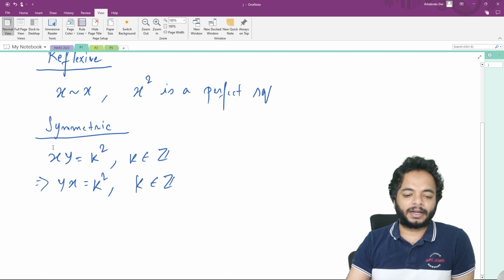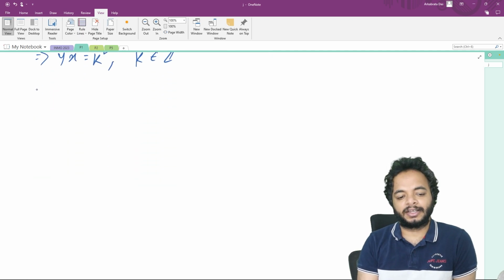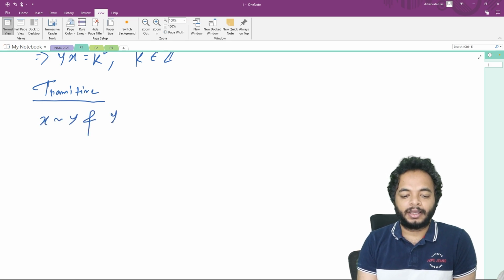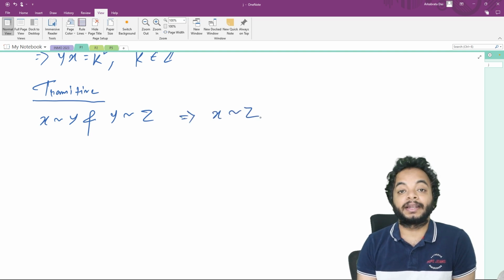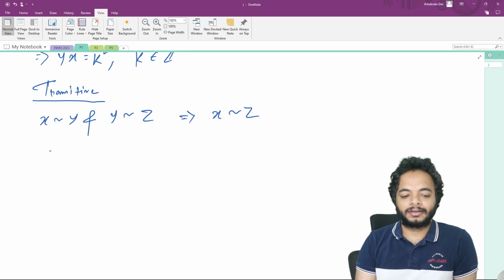And the main part is the transitive relation. So what about transitivity? Suppose x is related to y and y is related to z. Does that imply that x and z are related? Let's see.